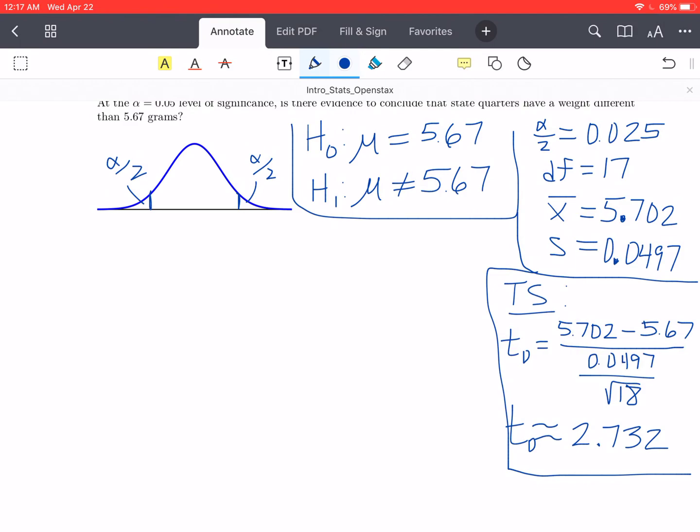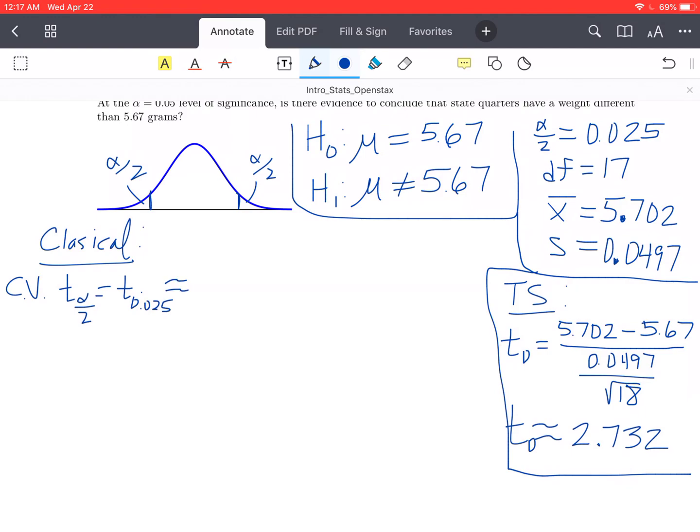So now, let's look at our two approaches. Again, the classical approach here. We need our critical value, which is t sub alpha over 2, so t sub 0.025.